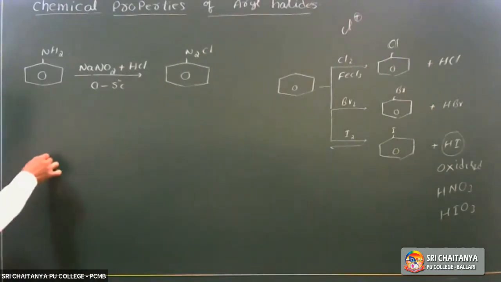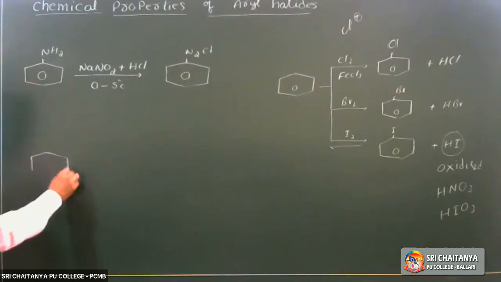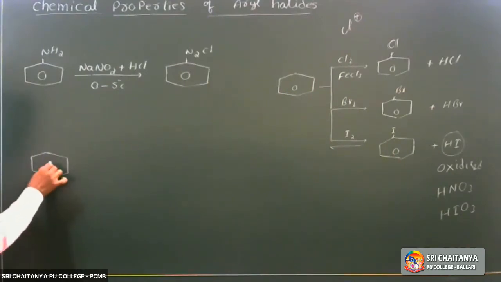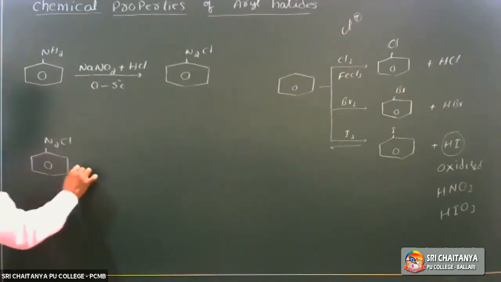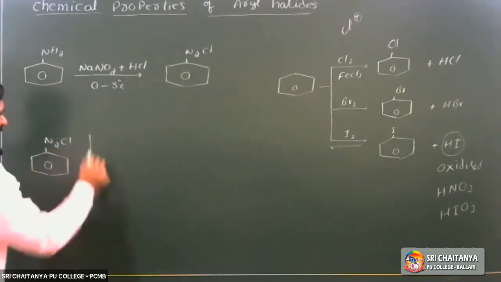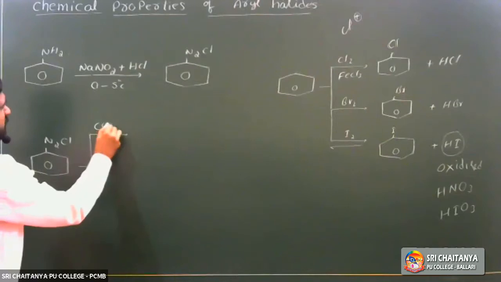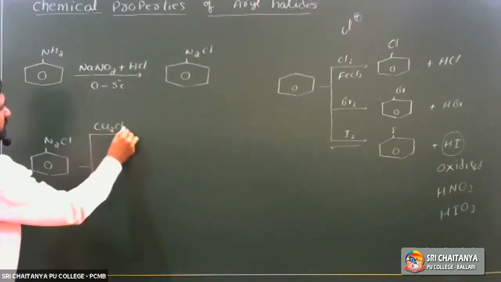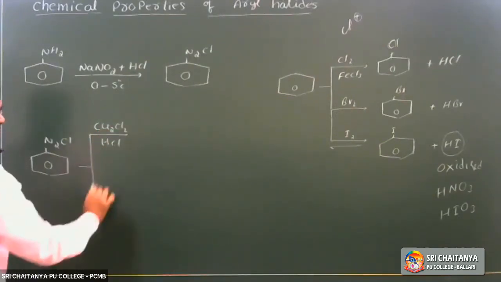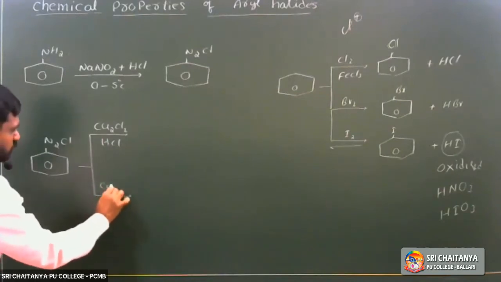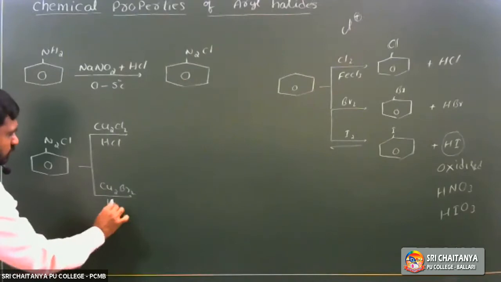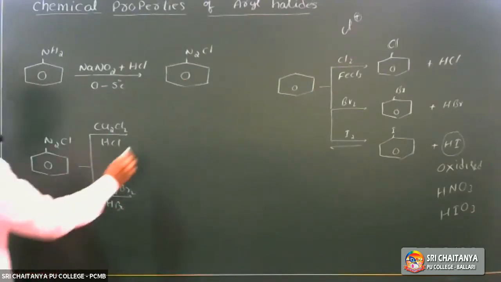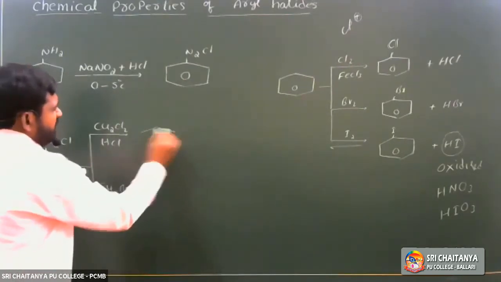This benzene diazonium chloride, N2Cl, is treated with cuprous chloride, Cu2Cl2, and HCl. So here chlorobenzene, C6H5Cl, is formed.